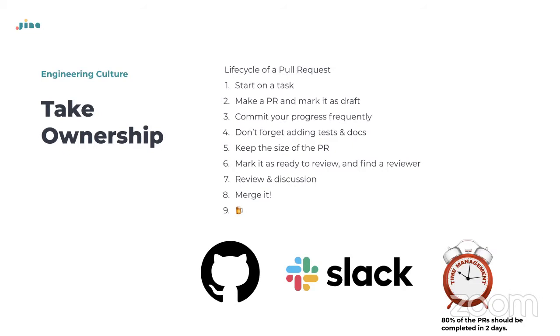Of course, this is just my experience. You cannot find this on the internet, but nevertheless, I believe 80% of the pull requests can be done in just 2 days. If it cannot be done in 2 days, then probably you over-promised something, or the task at the very beginning is too big. And then you have to learn to decouple this into small pieces and make it doable next time, right?